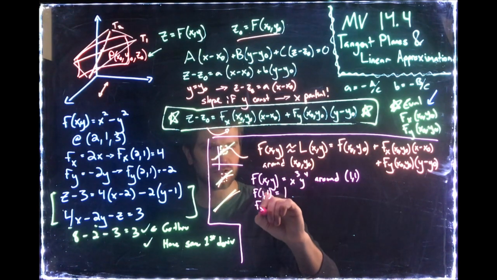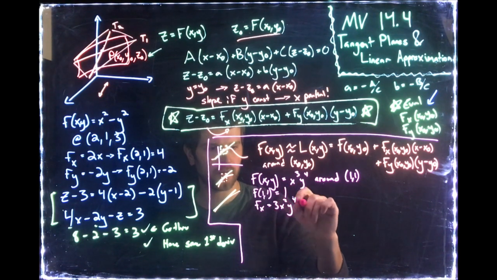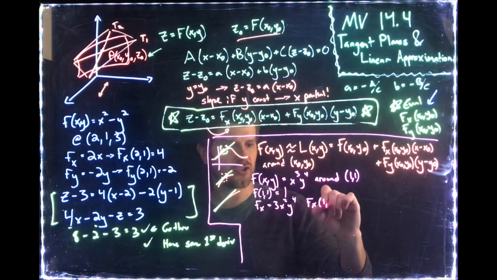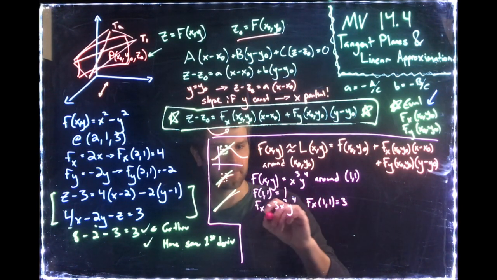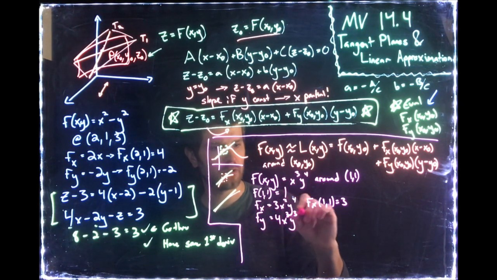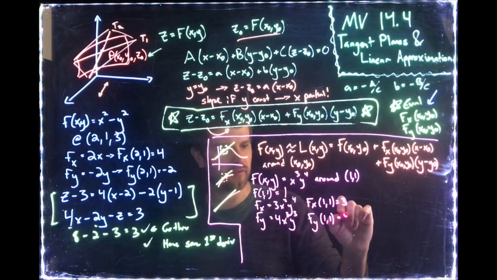My x derivative is 3x squared y to the fourth, which at 1, 1 is just 3. Fy will be 4x cubed y cubed. So if I plug in 1, 1, I just get 4.